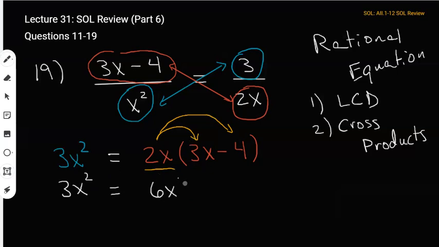That's going to give me 6x squared minus 2x times 4. That's going to give me 8x. So that's the first step that I'm going to take. Multiplying everything on the inside by what's on the outside. What can I do now?